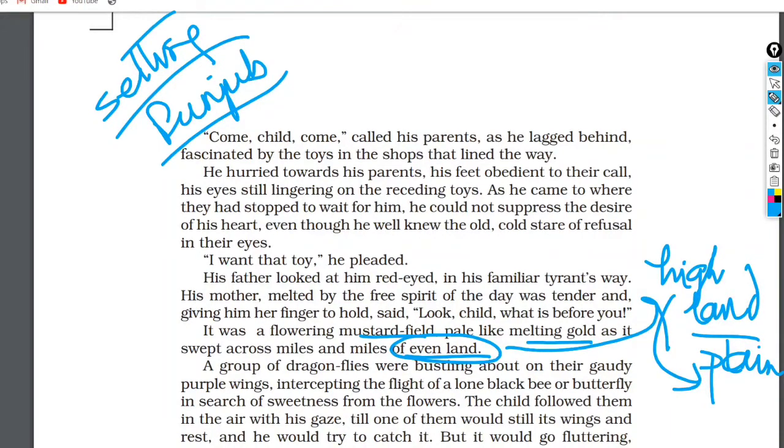Then in the mustard seed, when there will be flower, the flower will be accompanied by what? The flower will be accompanied by the bees, the flies. Therefore, you can see now beautiful picture of the flies, beautiful picture of the bees and also insects. Then now let us continue.